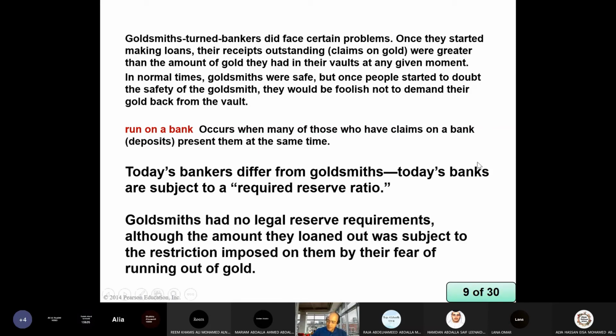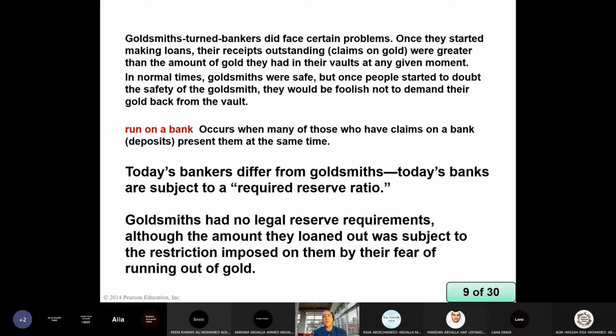Reem? Goldsmiths had no legal reserve requirements, although the amount they loaned out was subject to the restrictions imposed on them by their fear of running out of gold. Okay, so goldsmiths in the old days had no regulation regarding reserve ratio.